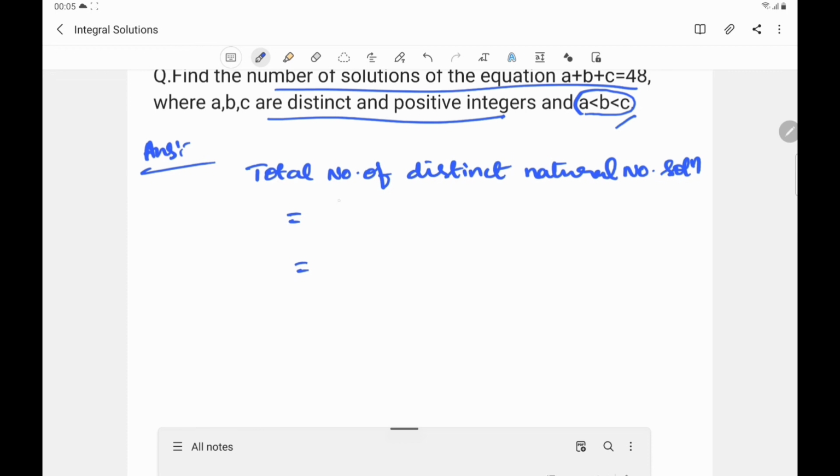The total number of distinct natural numbers is 23 into 47 minus 67, which is 1081 minus 67, which will be equal to 1014.